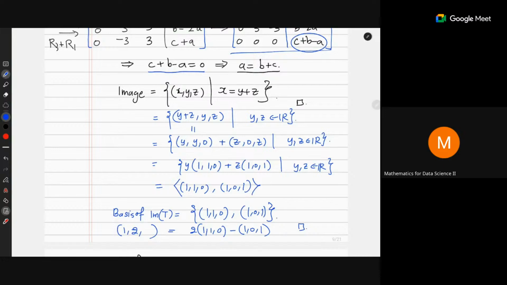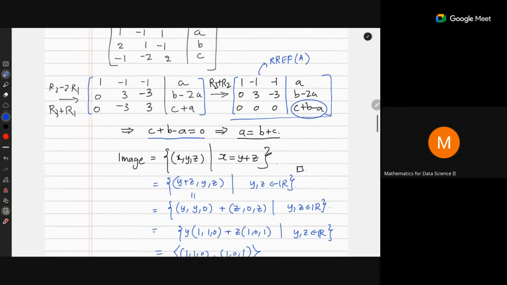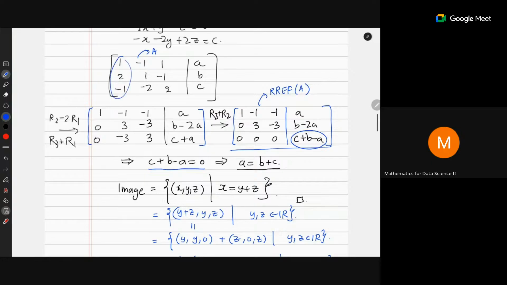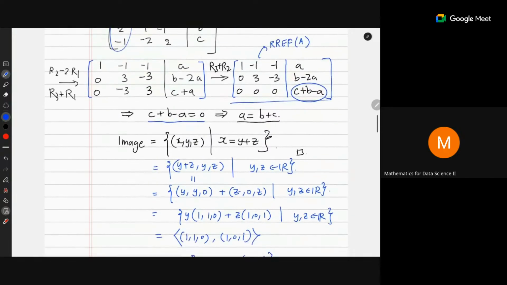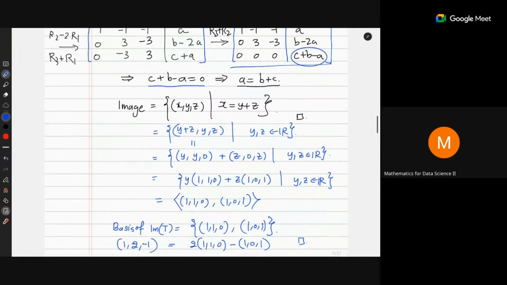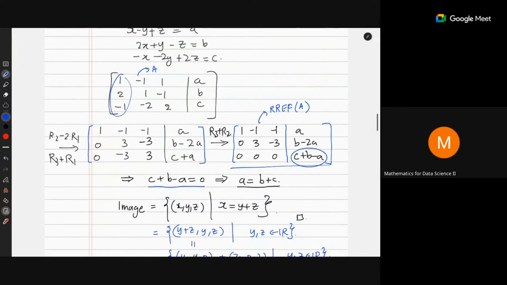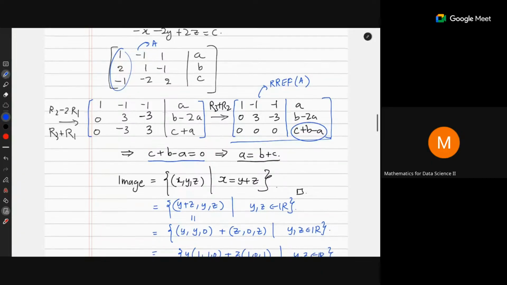Yeah, 1, 2, -1. Correct. So this is the first column, right? And the second column is again going to be some combination of these two things. Yeah, you can basically change bases.